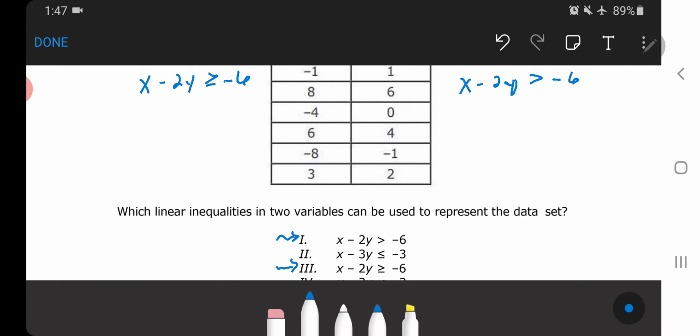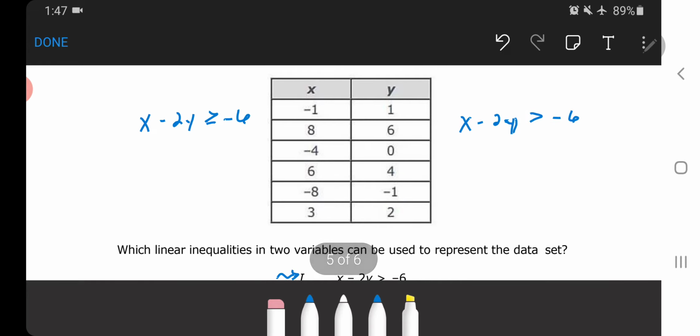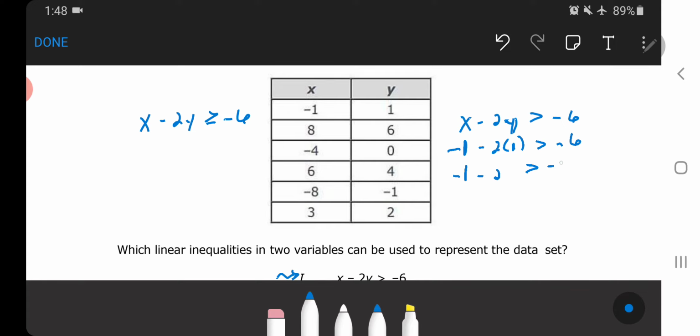Alright, so let's plug in the point negative 1 comma 1. Once again, x is negative 1 and y is 1. So we're going to plug in negative 1 minus 2 times 1. And so we get negative 1 minus 2, which is negative 3.